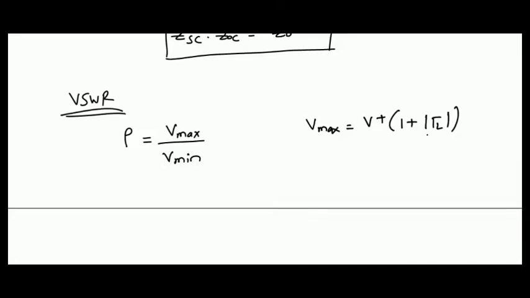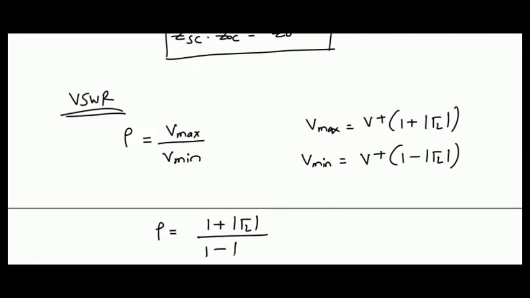The minimum voltage possible is V plus into 1 minus mod of tau L. Therefore VSWR is 1 plus mod of tau L divided by 1 minus mod of tau L.